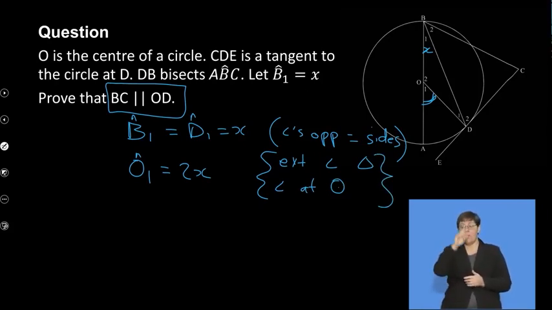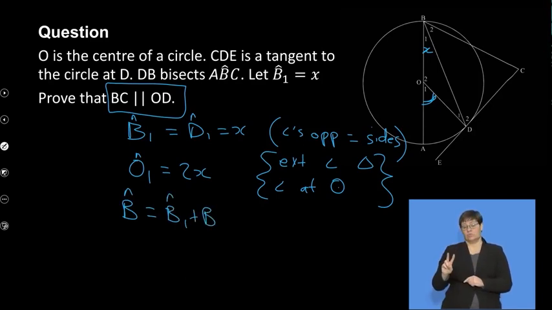And then from there, I know that B is equal to B1 plus B2, which will be the same as 2x, and therefore I will then say that the lines are parallel.